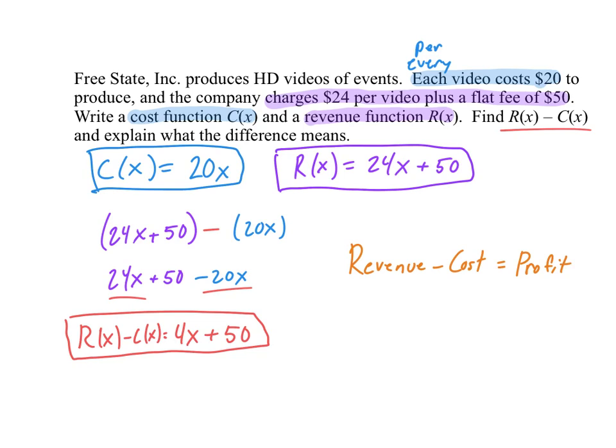The money left over from what you've brought in after you've paid off all your expenses is your profit. So this function would represent the profit that Free State Inc. would make for each event.